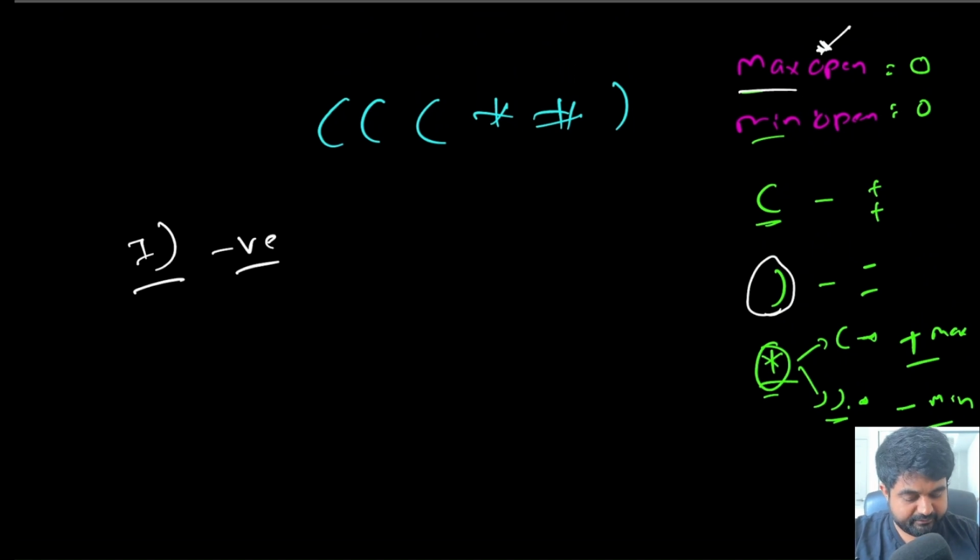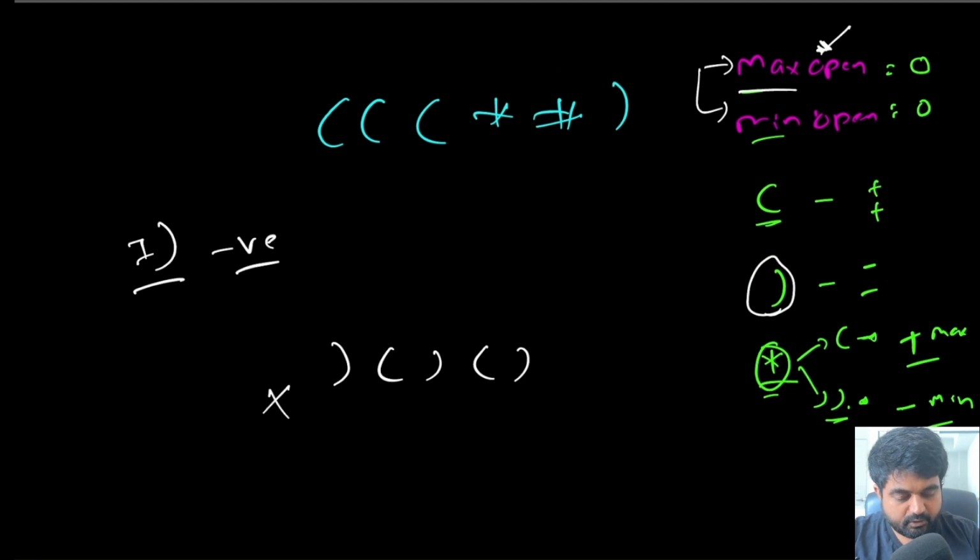So let's say that for the given example, the first character in itself is a closed parenthesis. Then we would have decremented the value for maximum open and minimum open, and the maximum open would have become negative. So even if the rest is the most valid string, this is always going to be not valid because it has a closed parenthesis where we don't have a corresponding open parenthesis. So this is one scenario that we can keep track of.